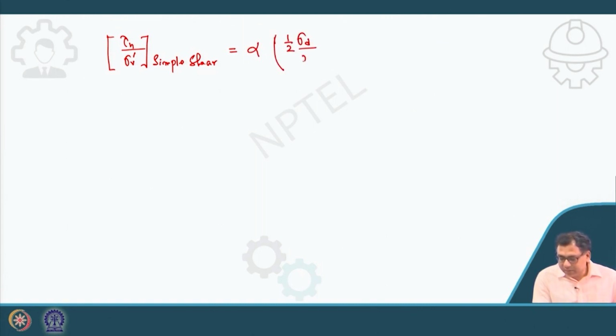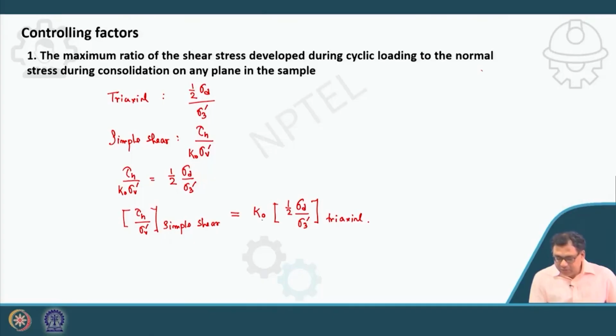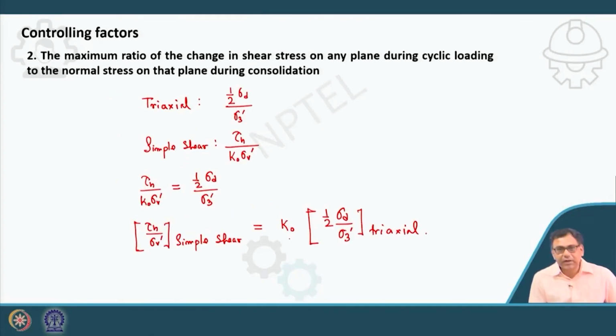Now if I generalize them, I can write that tau h divided by sigma v dash for simple shear is equal to alpha times half sigma d divided by sigma 3 dash for triaxial, where alpha is equal to k0 for case 1 and case 2 also k0.